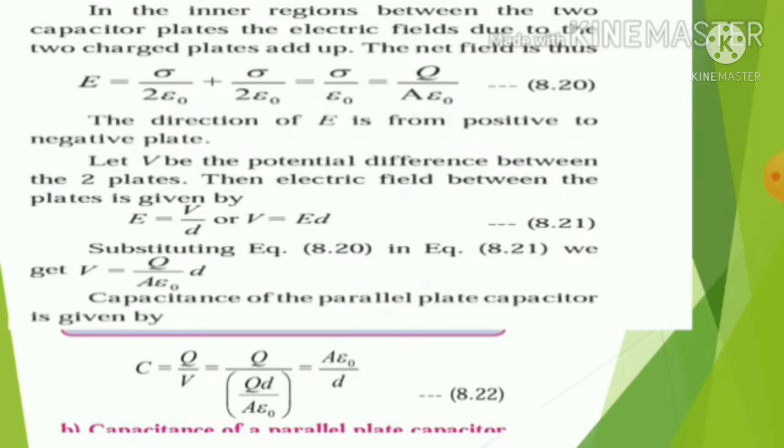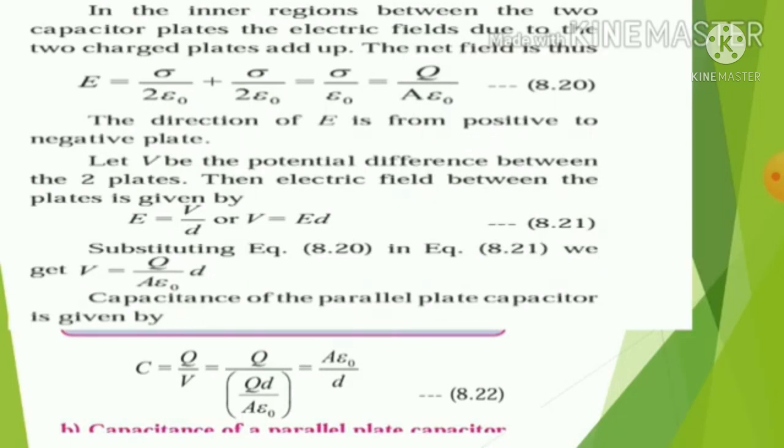Then we consider capital V as the potential difference between the two plates of the condenser or capacitor.